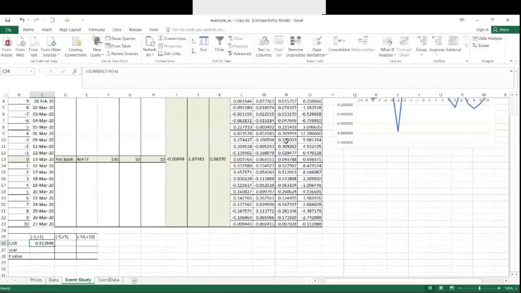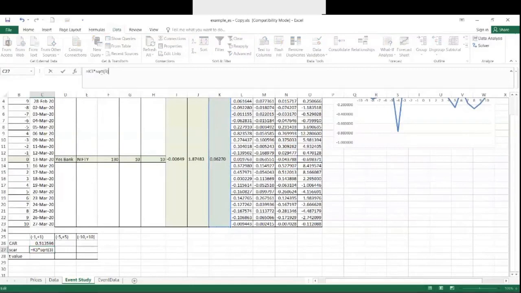What is the standard deviation? The standard deviation again has to be from the estimation window, but because you are looking at an event window, it is the square root of the length of the event window times the standard deviation of the abnormal returns. So you already have the root mean square error times SQRT of the length of the event window, which is 3 here.